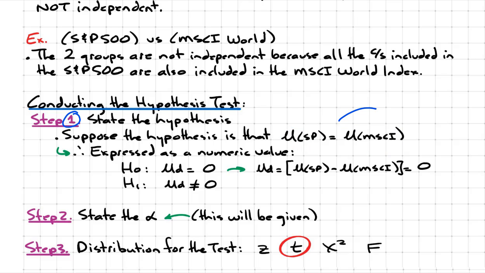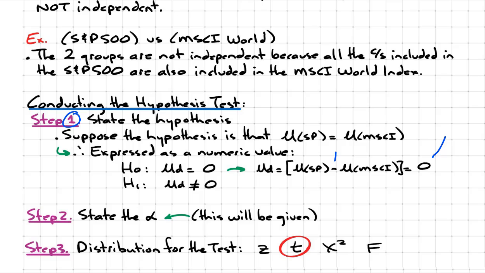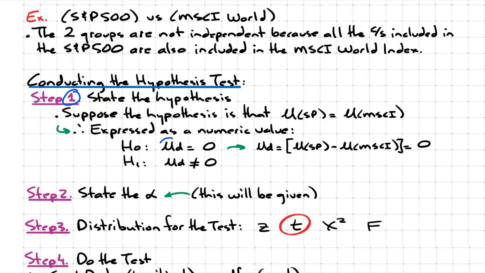Specifically, if they are indeed equal, then the difference between the two will equal 0. So here's the numeric value that we were looking for. This will be our null hypothesis, that the mean difference between the two populations is 0, indicating that they are equal.